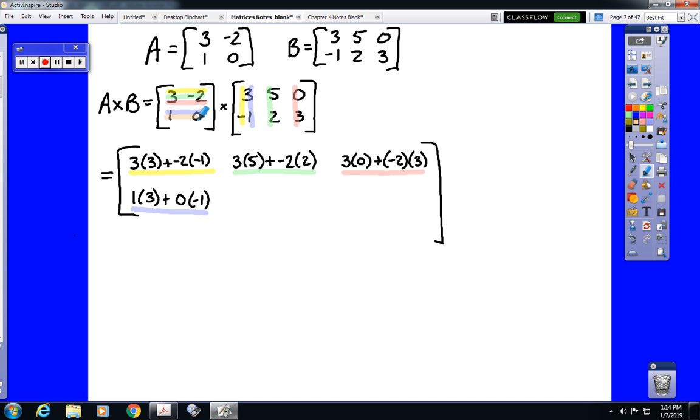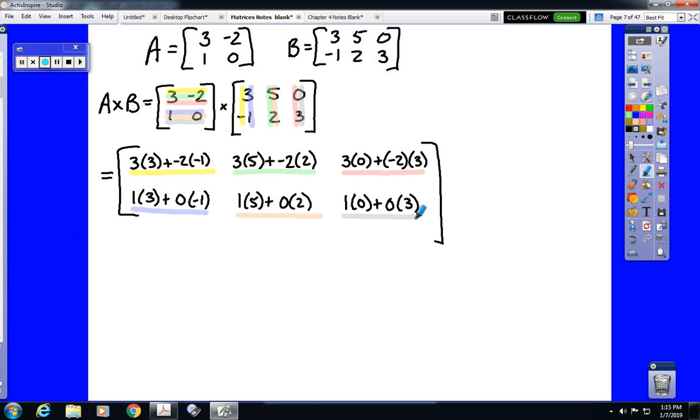Then we're going to do row 2 times column 2. That is 1 times 5 plus 0 times 2. And then finally, row 2 times column 3. So 1 times 0 plus 0 times 3.